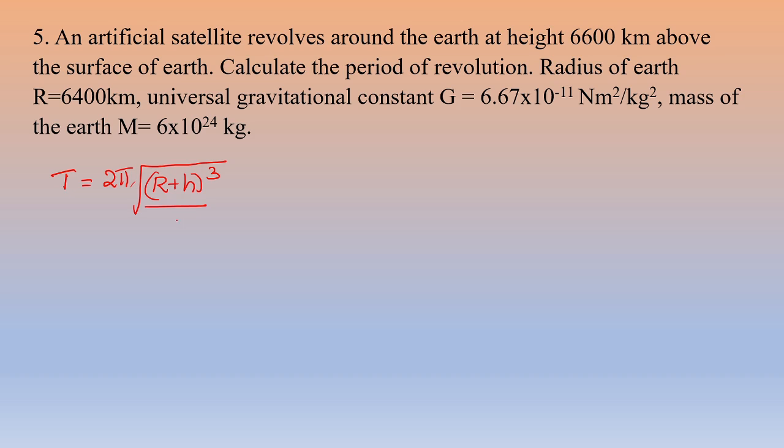I think we can use capital G. Here the value of M is given, so we can use this expression. That is T is equal to 2 pi square root of (R plus H) whole cube divided by capital GM.